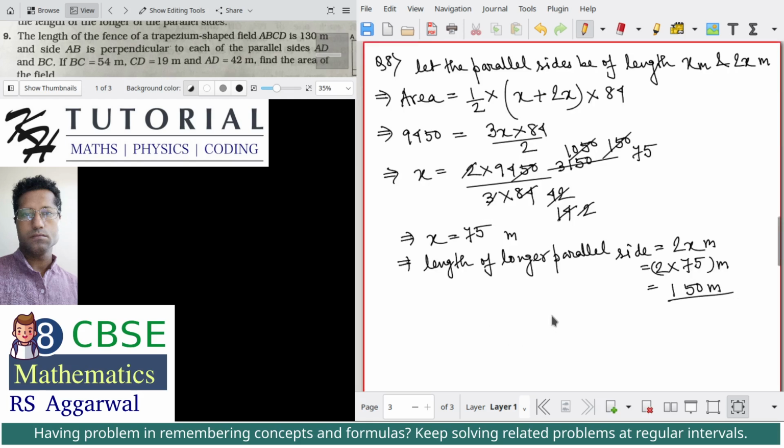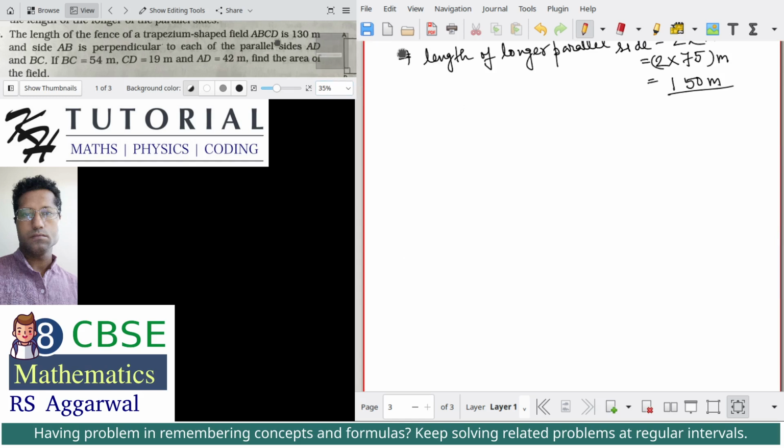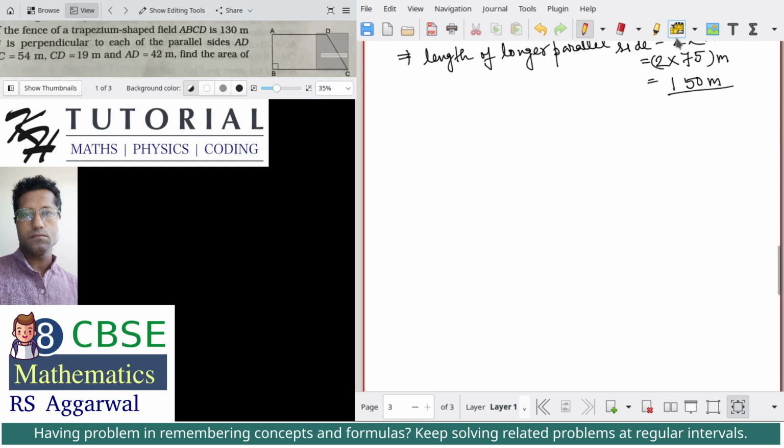Question number 9. The length of the fence of a trapezium shaped field ABCD is given in the figure. Okay, so let's quickly draw the figure.